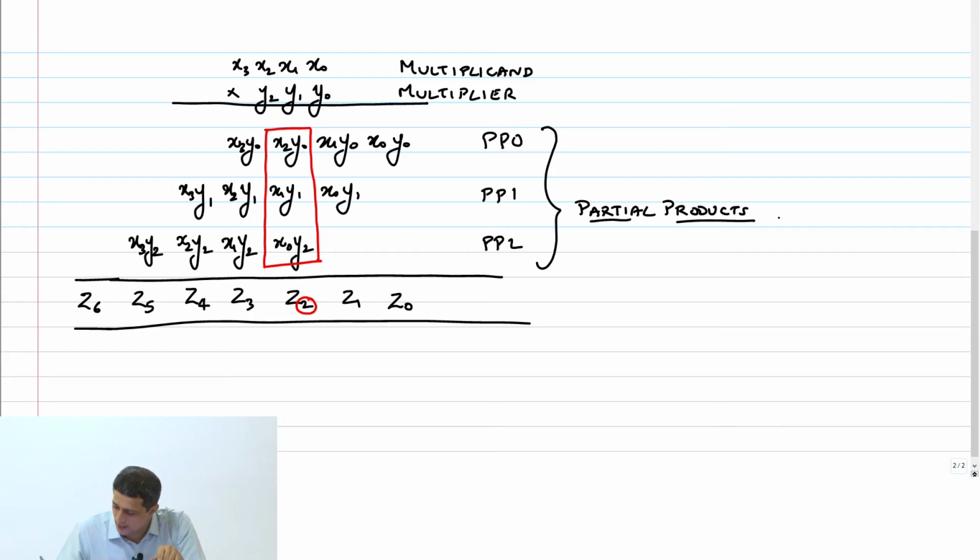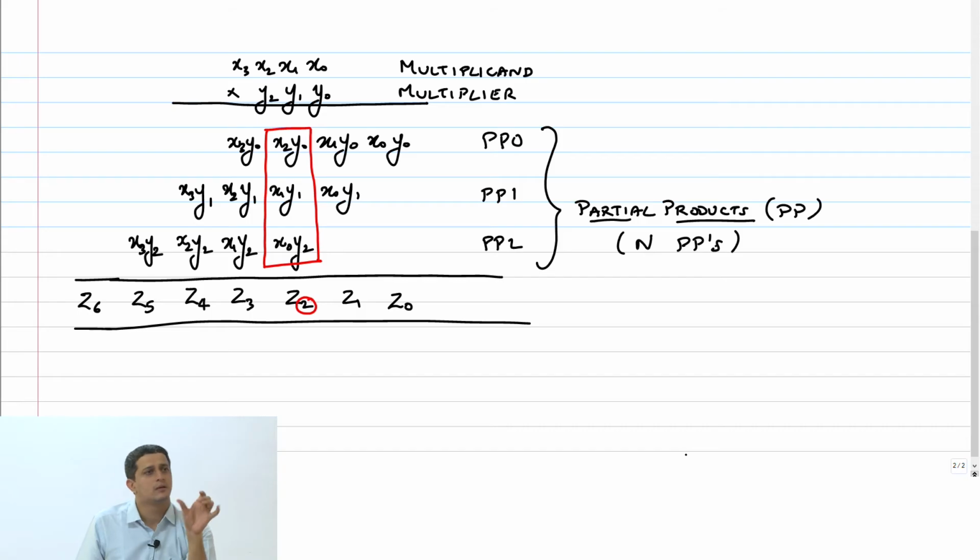So you will have n partial products, let me call it PP. And what is the size of each partial product? Each will be m bits long.